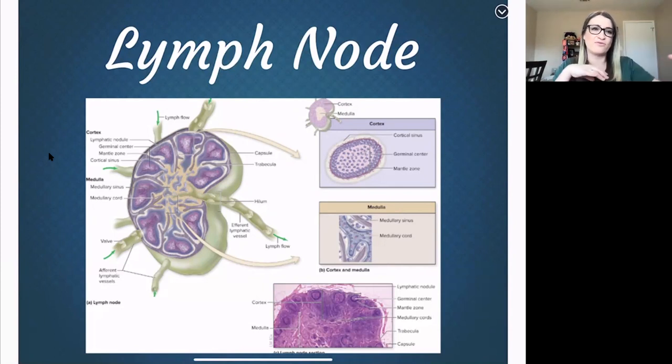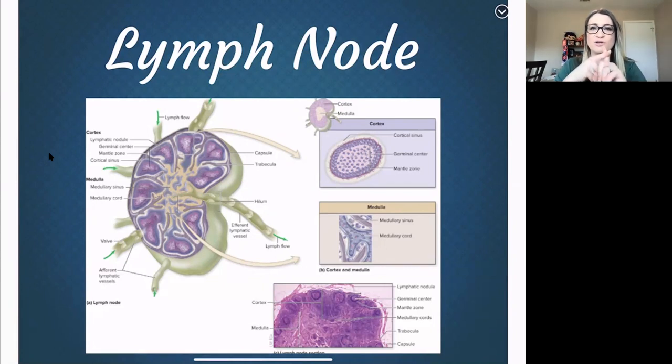The lymph will flow between and around the lymphatic nodules through the cortical sinuses. Okay, sinus is a space, right? So it will flow through the cortical sinus towards the medulla and surround the medullary cords. And then eventually the lymph will exit through an efferent lymphatic vessel.